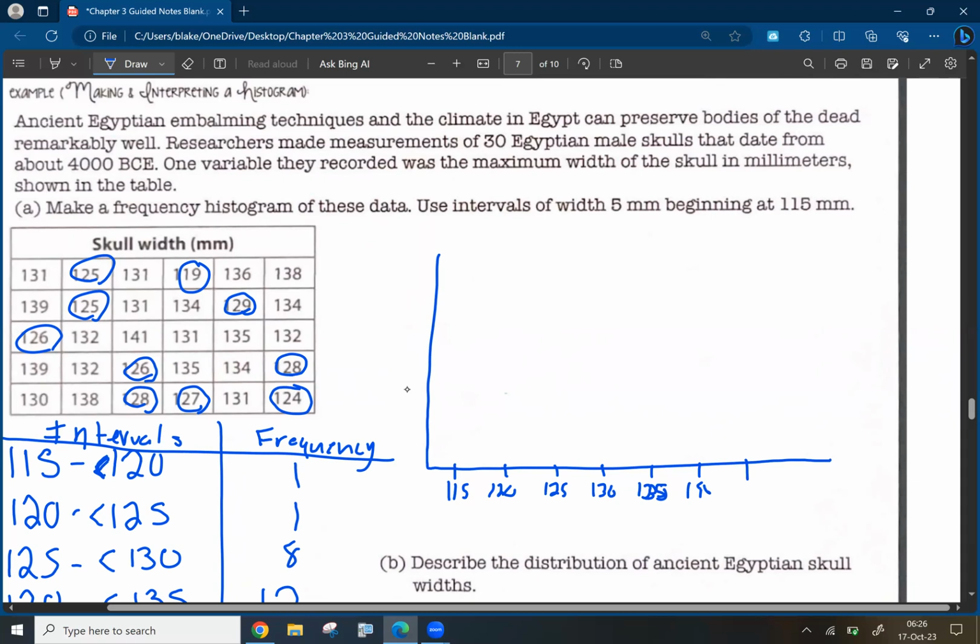Oh, a little laggy there, but it's getting there. This was 140 and 145. All right. Nice. All right. And then we'll go our frequency. So we have to go up to at least 12 high. So 1, 2, 3, 4, 5, 6, 7, 8, 9, 10, 11, 12. We'll number these as well.